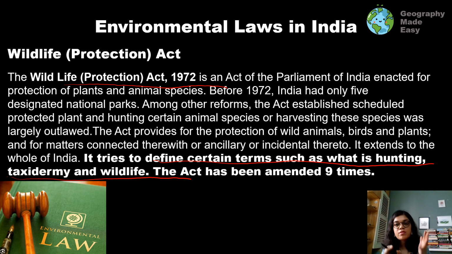The colonial powers would practice hunting with the Maharajas, and we still see a lot of the remnants in different museums. But hunting was banned, and so the definition of what we understand by hunting was given properly. This act has been amended 9 times, and changes have been made in what we define as wildlife and the amount of protection we can give to each and every species.